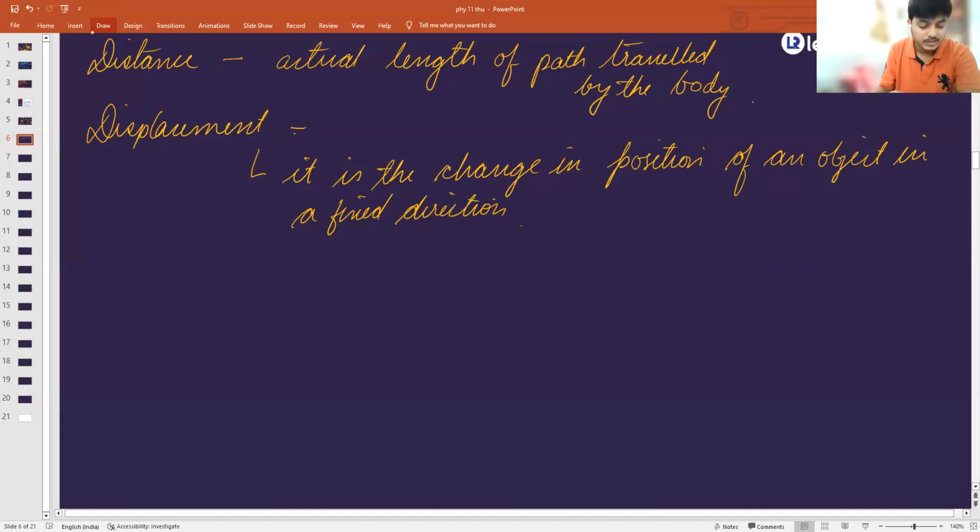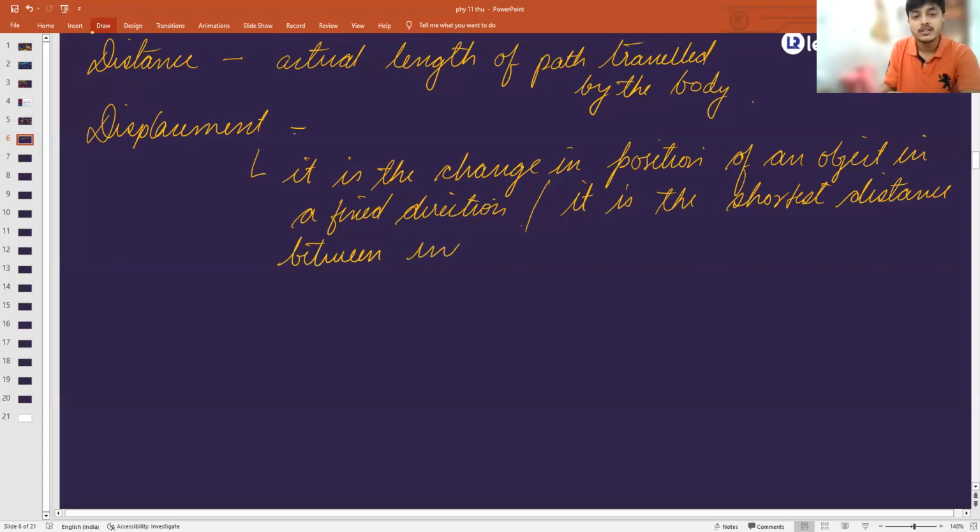Okay, in a fixed direction. Or it is the shortest distance between initial and final points. Now, what is distance and what is displacement?